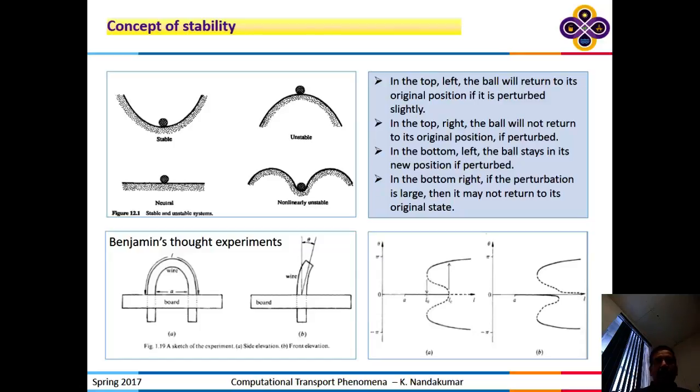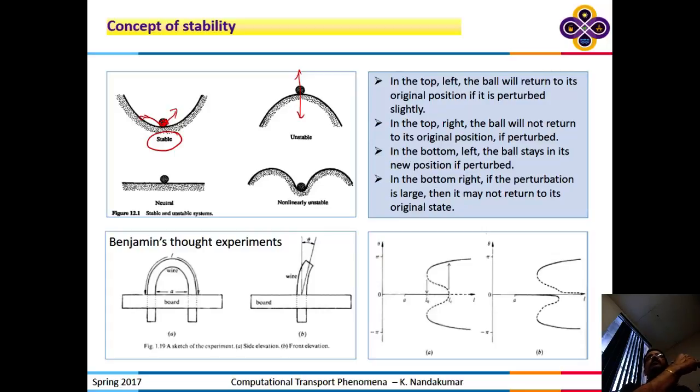So here on the top left, I have 4 images. You have a parabolic dish and a particle in it. If I kick this particle by applying a force on either side, what happens to the particle? It just comes back to its position, dissipates the energy through friction, and comes back to its equilibrium position. That's what we call a stable equilibrium. But if I have a situation like this, where I have an inverted parabola and I'm keeping the particle at the top, it can be an equilibrium position.